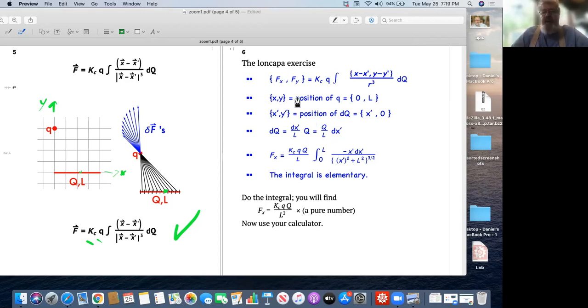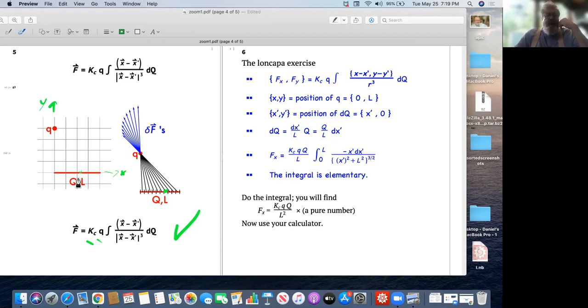Now, xy is the position vector of q. And you can see from the picture here, it's 0, L. If you count here, 1, 2, 3, 4 boxes is the same as 1, 2, 3, 4 boxes. So this is length L, then this distance has to be L. So xy is 0, L.